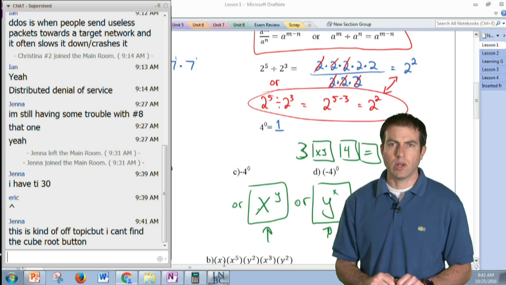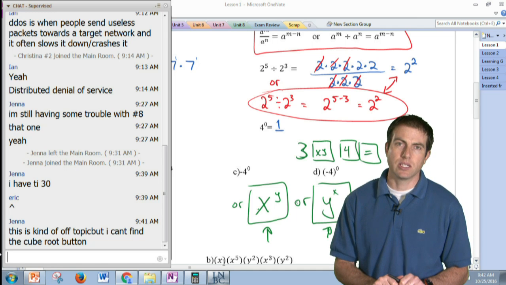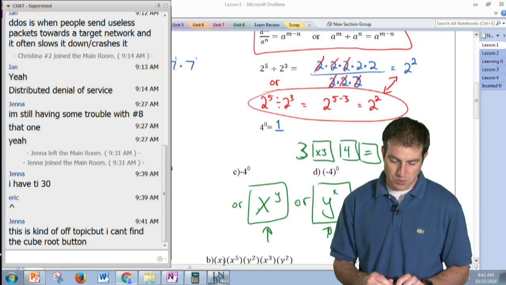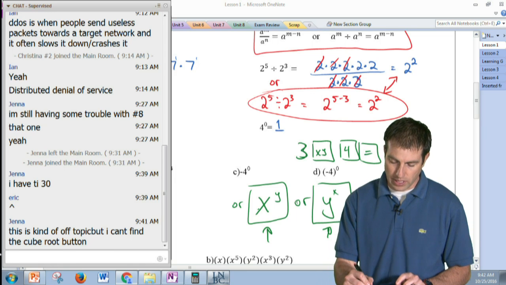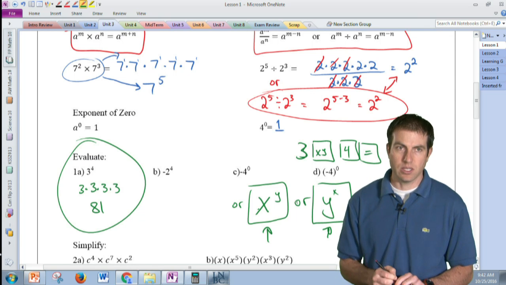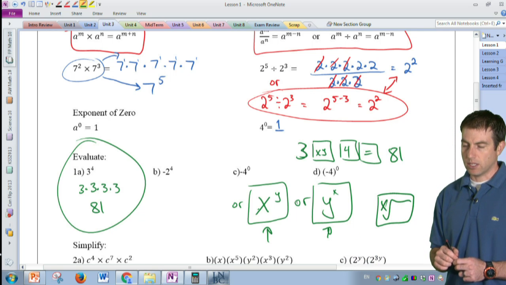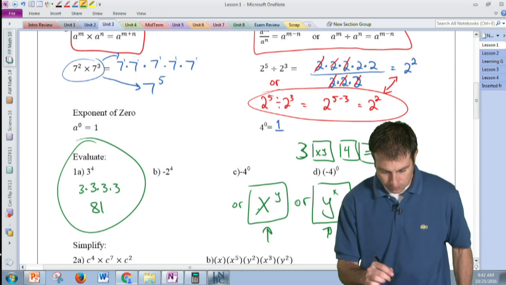Some calculators don't have the cube root button, Jenna. It just depends on what your calculator is designed for. So sometimes you have to use, on my calculator it's an X in front of it. Sorry, I just wrote that behind myself. It's all of the roots all at once.